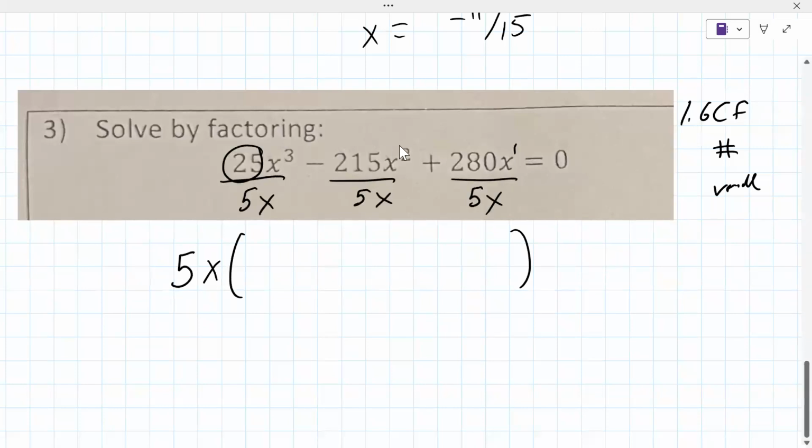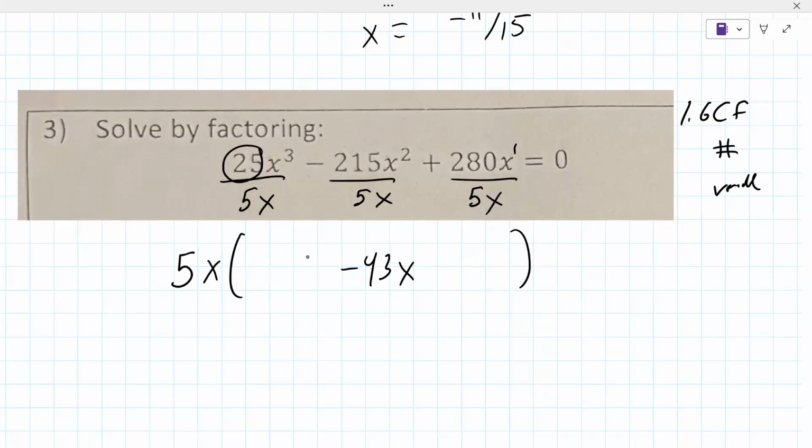Could you tell me, and you're welcome to use a calculator with me. I don't know if you'll have one during the test, but could you tell me what goes in parentheses here? Negative 43, I'll take that for the middle.